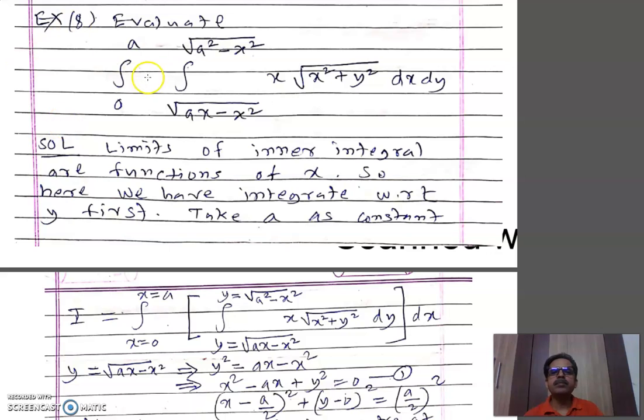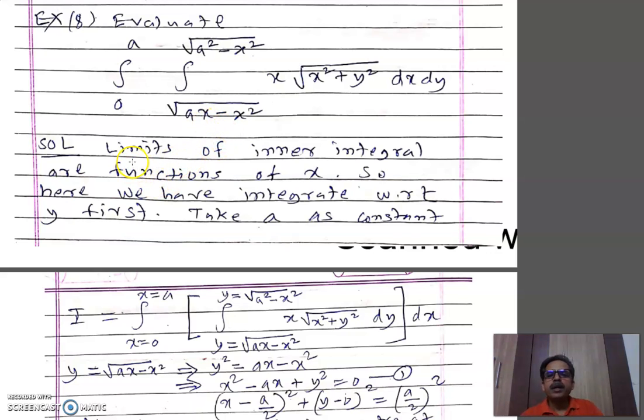Here is the example. Evaluate the integration from 0 to a, and from under root of ax minus x square to under root of a square minus x square, of this function dx dy.